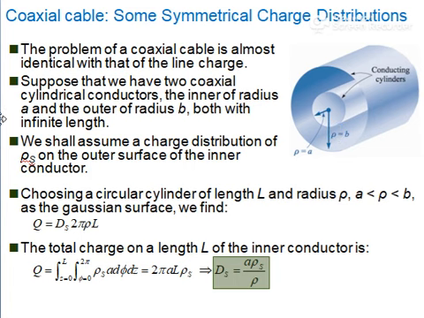Now suppose that we have two coaxial cable conductors, the inner radius is A and the outer radius is B, both with infinite length. We shall assume a charge distribution of rho s on the outer surface of the inner conductor.